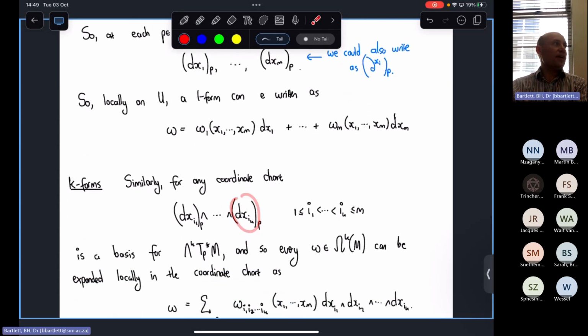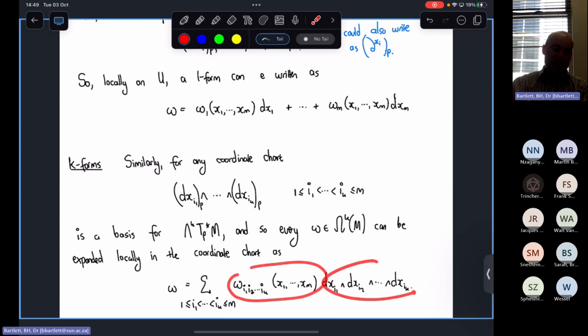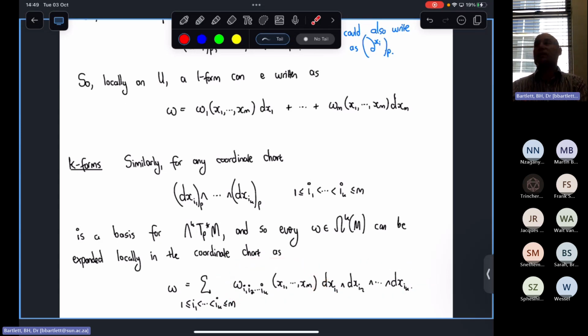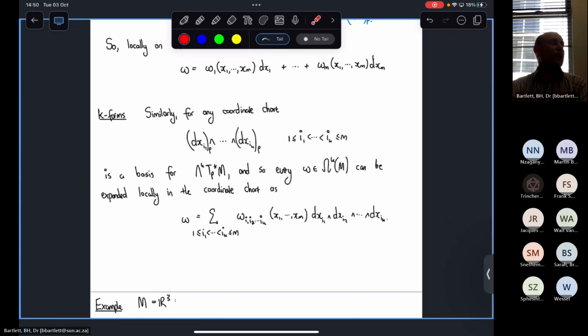So that means locally a K form inside the chart would look like this. You'd have a sum of component functions multiplying these basis vectors. These numbers here are allowed to depend on the point where you're at. So that's what a K form looks like locally.